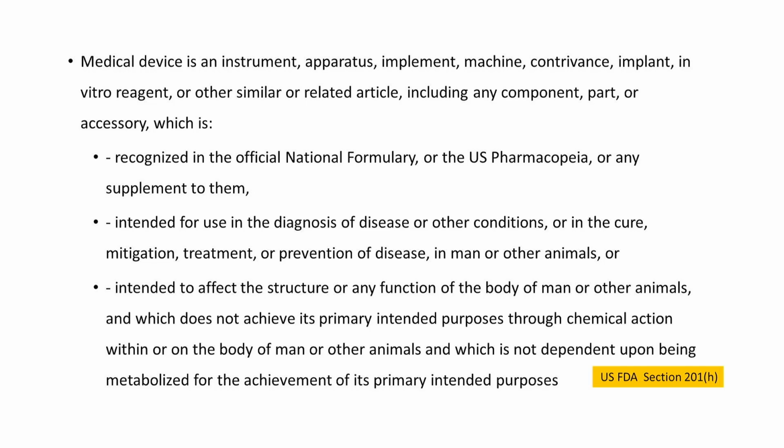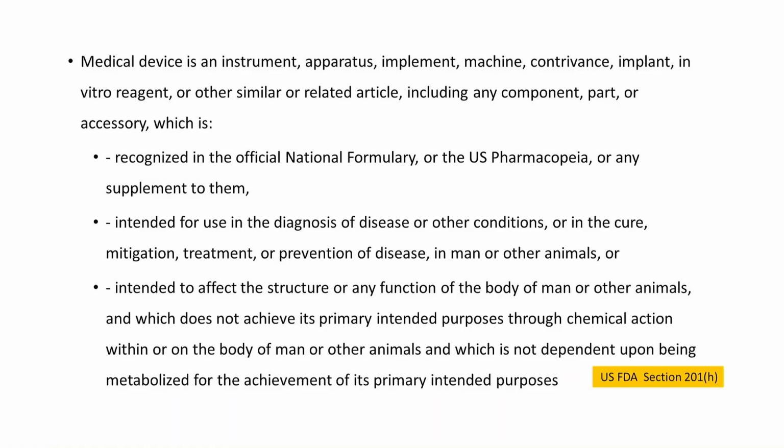All of these are categorized as medical devices. So these could form components of such medical devices. For example, within an implant you could have 5 or 6 components, right? They have to be recognized in the official National Formulary or the US Pharmacopeia or any supplement to them. There is an Indian Pharmacopoeia as well, so they have to be reflected somewhere as per the regulatory norms.